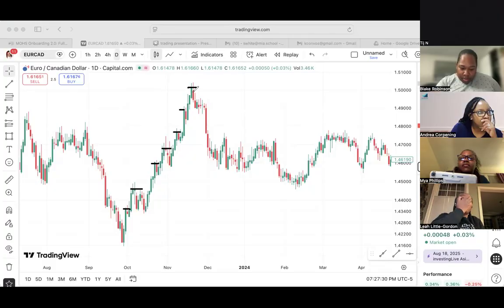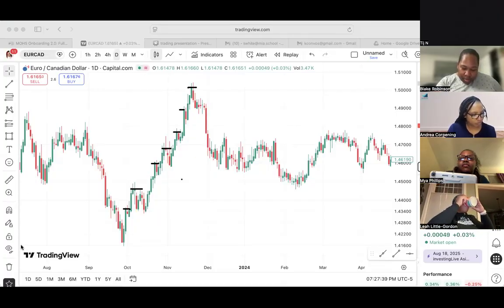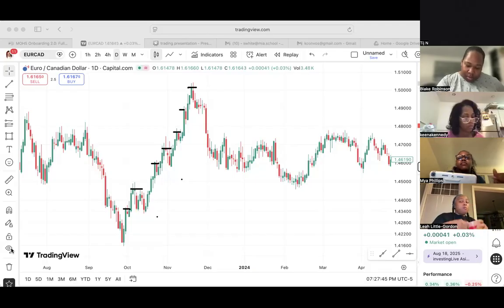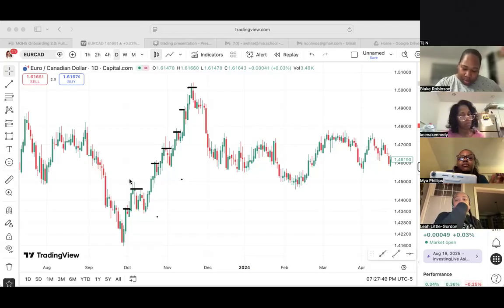Sometimes it opens with a gap, but it's still the green red. It's just not like you normally would see. You also got to think, this was November 2024, so there was a lot going on at that time.